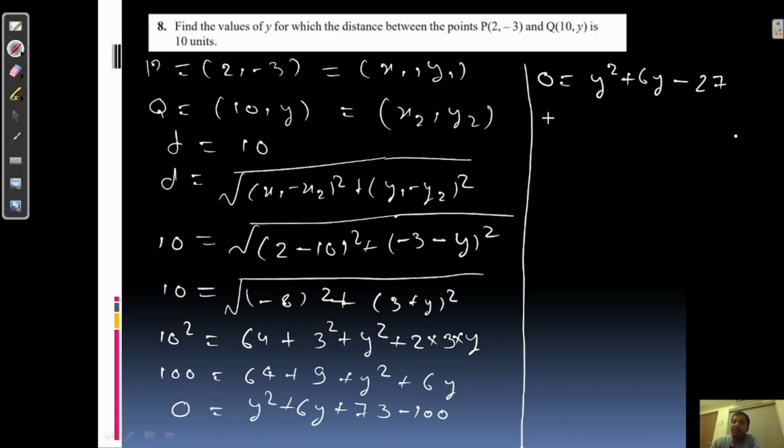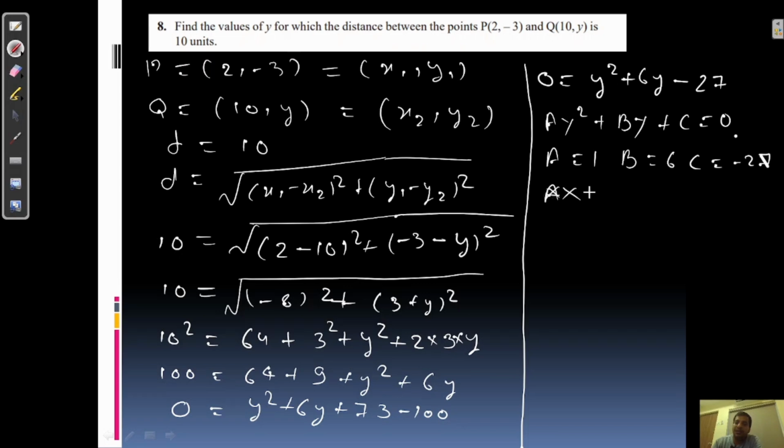Now you know how to factorize it. First I will compare it with ay square plus by plus c is equal to 0. The value of a is 1, the value of b is 6, the value of c is -27. I need to do a into c, which will come -27.